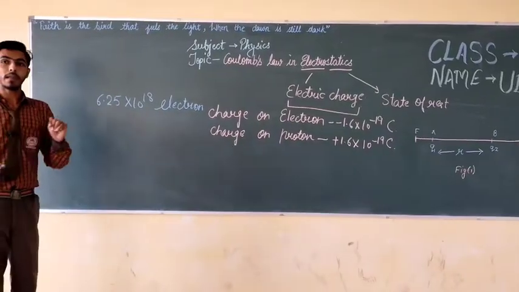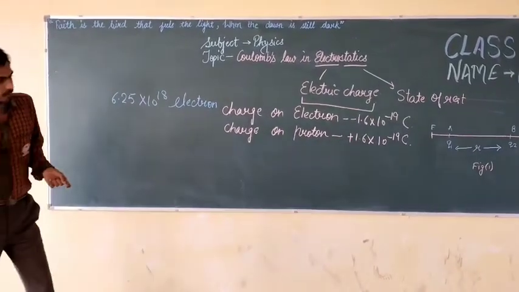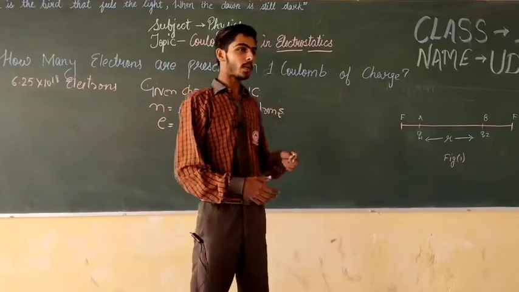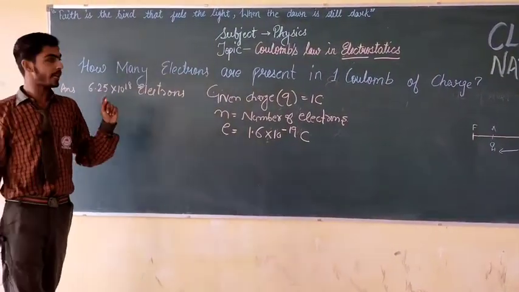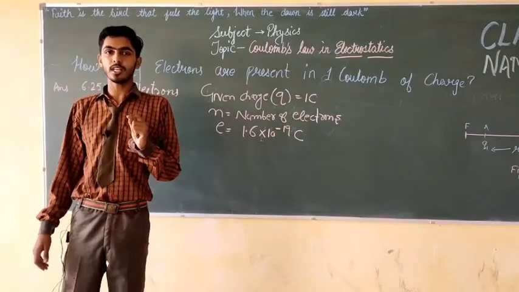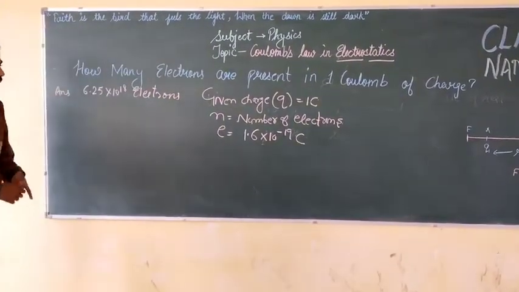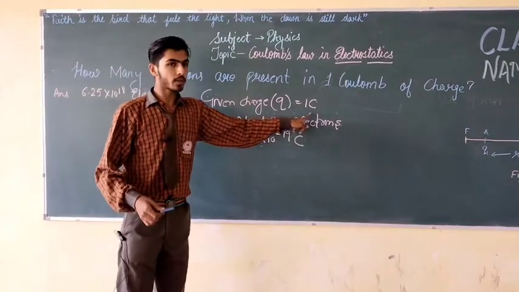How does this value come? Let's have a look. As Kanika told us, there are 6.25 into 10 raised to power 18 electrons present in 1 coulomb of charge. We have given charge 1 coulomb.